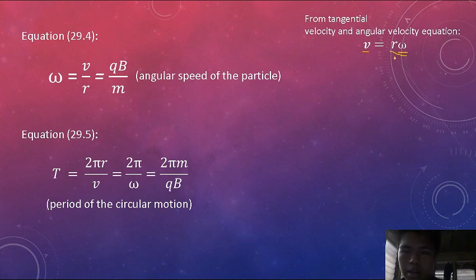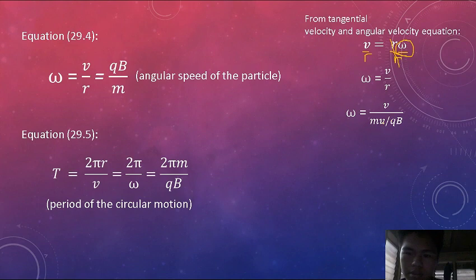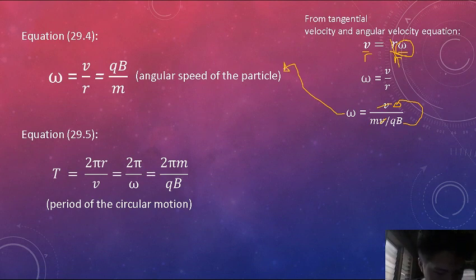So divide both sides by r and makuha natin yung angular speed of the particle. And since r is equals to mv over qb, then we can move qb here and cancel yung velocity. And that is the angular speed of the particle.